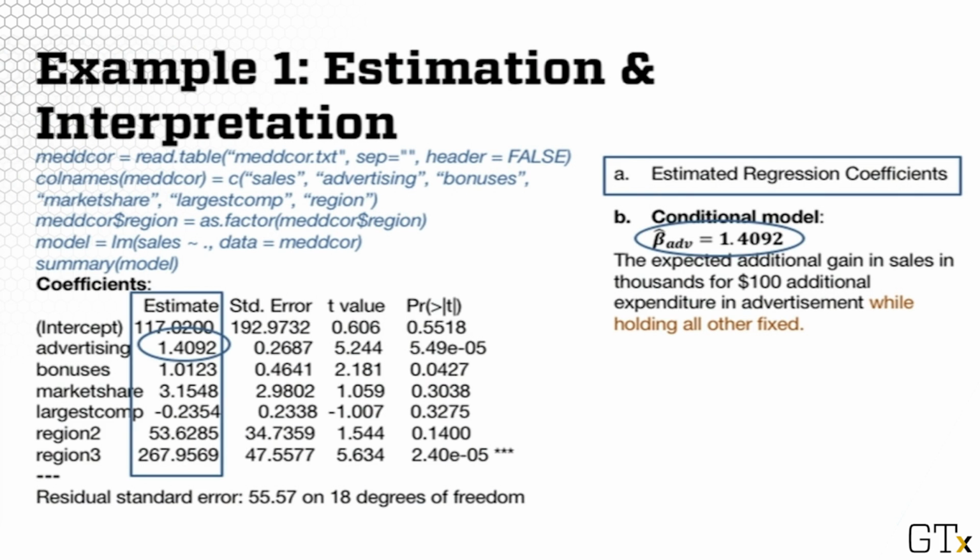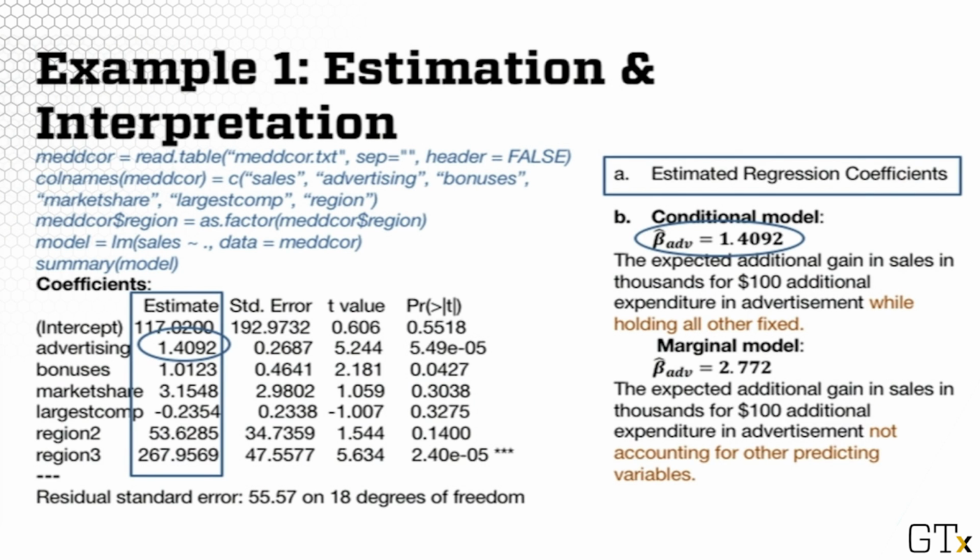The way we interpret this is the expected additional gain in sales in thousands for 100 additional expenditure in advertisement, while holding all other predictors fixed. A reminder here that the units for sales is thousands, the units for advertising expenditure is 100, so we need to be careful in the interpretation. Also, I'm highlighting the fact that we need to add that all the other predictors are held fixed when we interpret this coefficient.